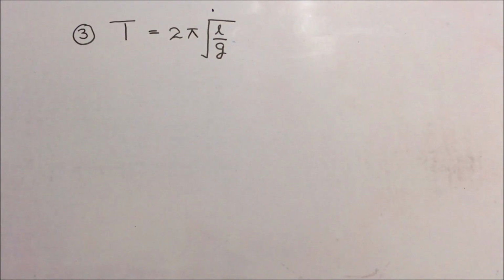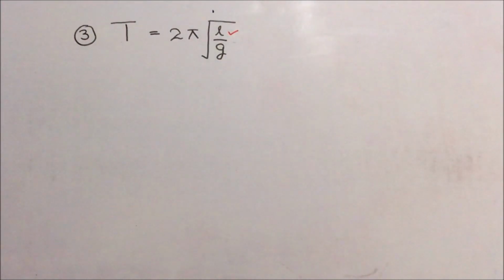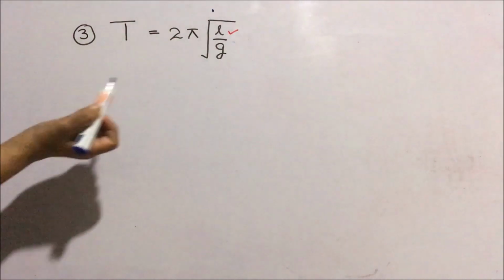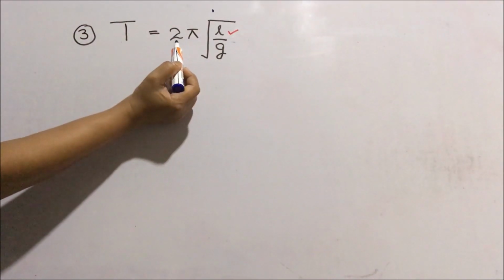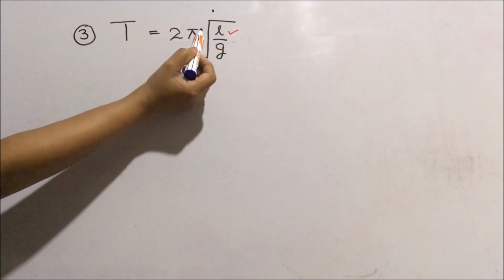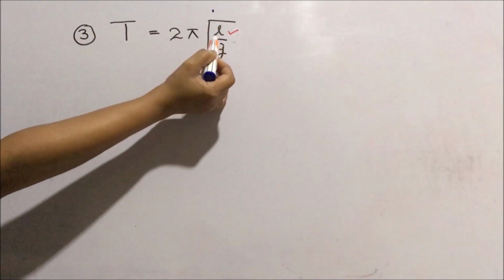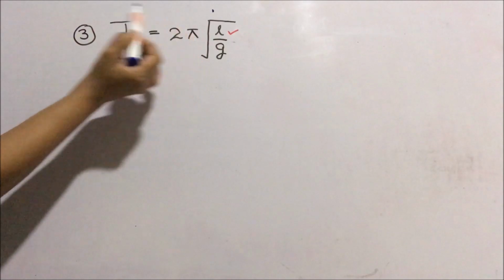T equals 2π square root of L divided by G. In this formula, we are going to make L the subject of the formula. First, let's remove the 2π. The mathematical operation between 2π and the square root of L divided by G is multiplication.